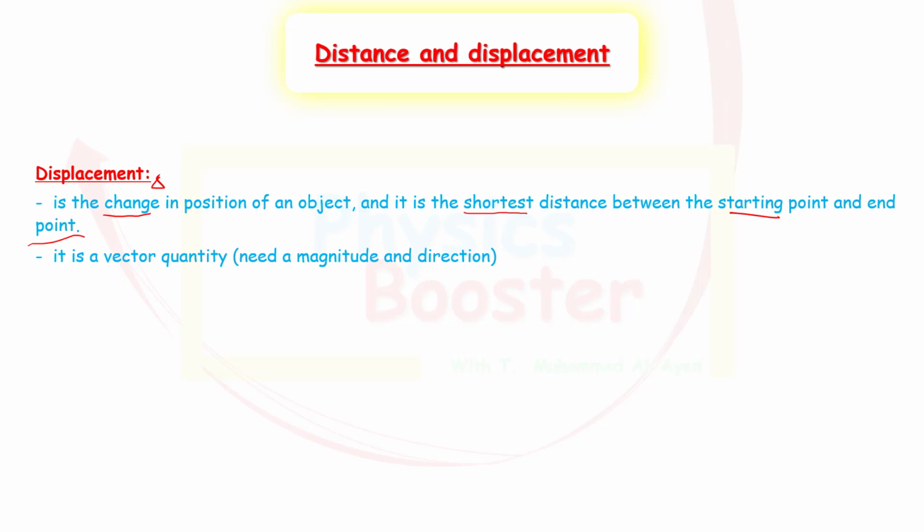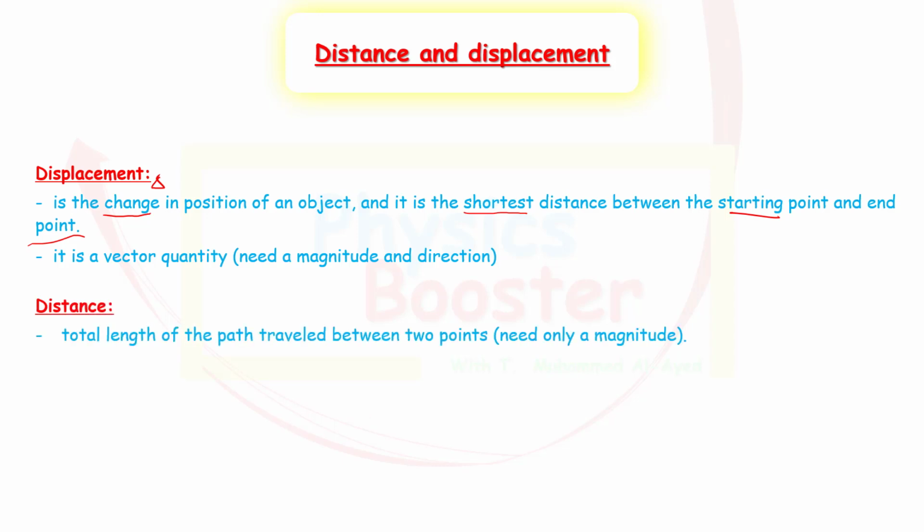That's why when we mentioned the displacement in the example before, we said it was 5 meters to the right on the x-axis, or we can just say positive 5. This means that he's going to the right in the x-axis. Now for distance, the distance is the total length of the path traveled between 2 points, and it is a scalar quantity that only needs a magnitude.